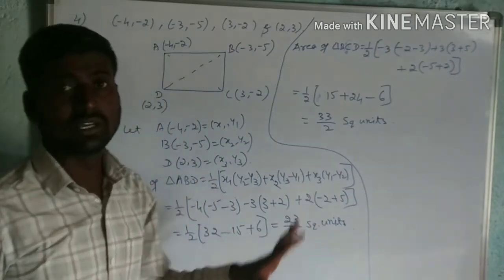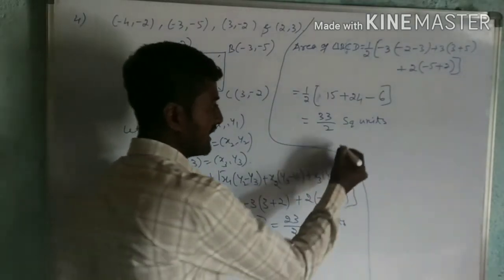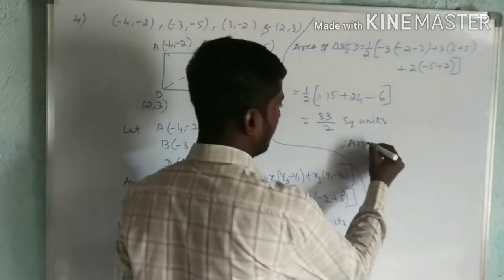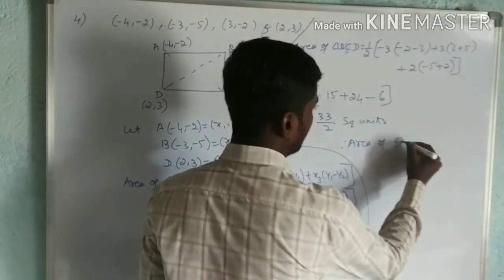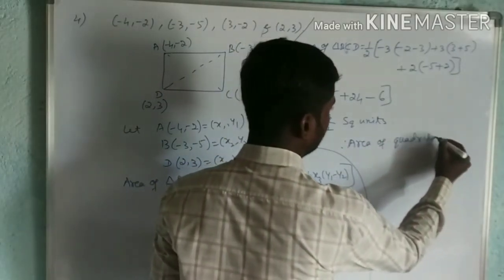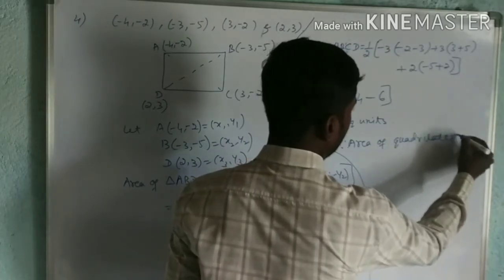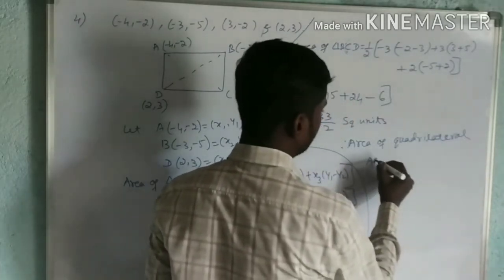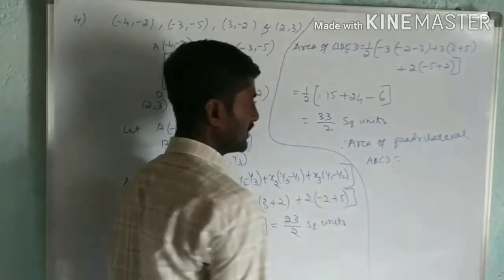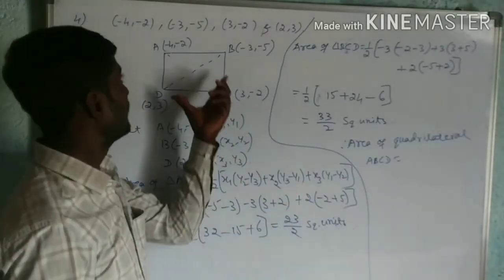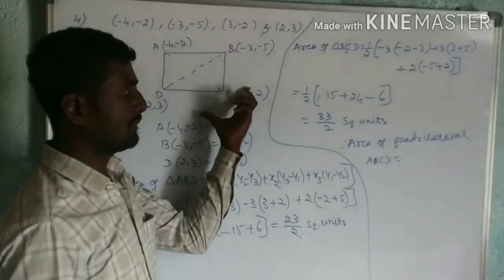But now they ask you to find the area of quadrilateral. Therefore, area of quadrilateral ABCD is equal to the area of triangle ABD plus the area of triangle BCD.